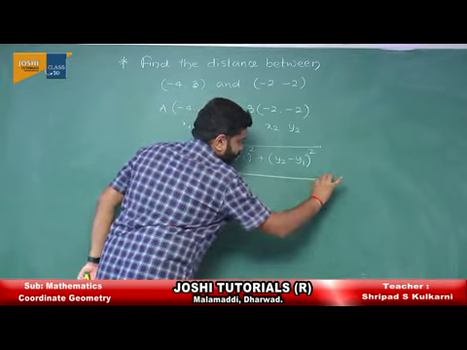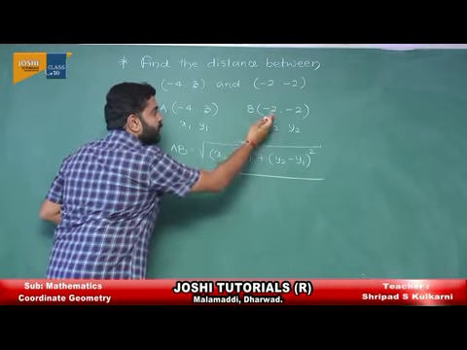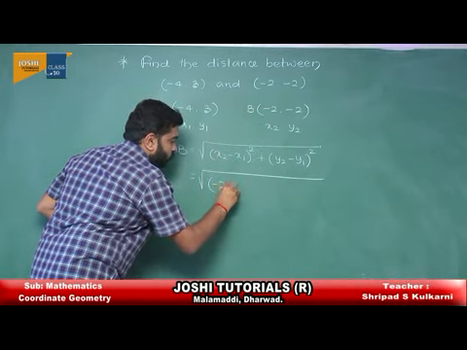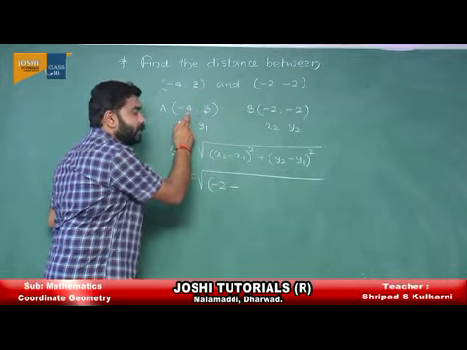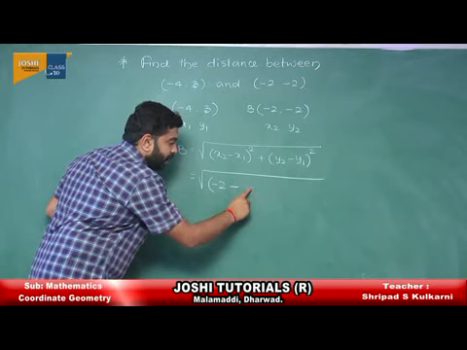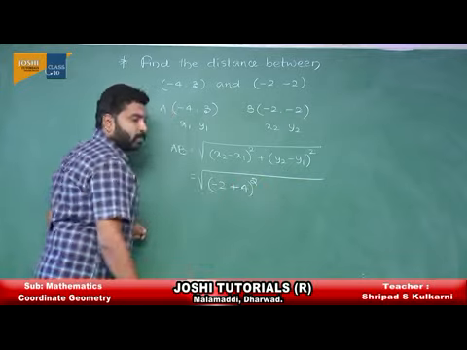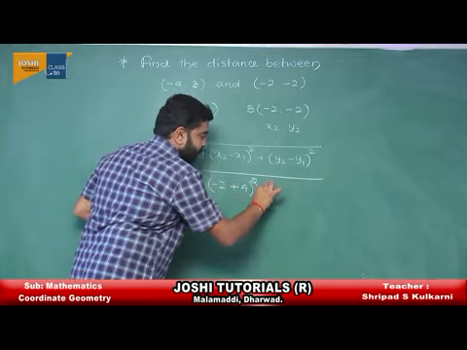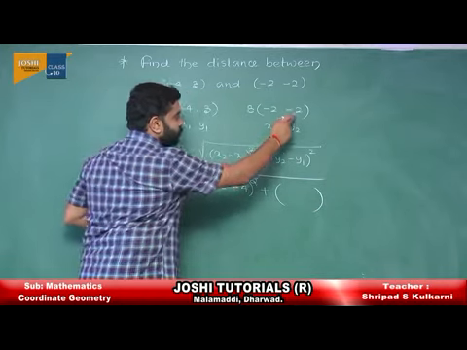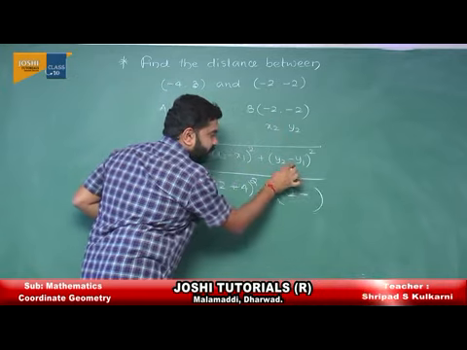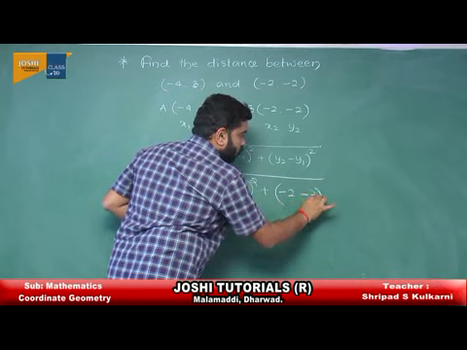Square root of, just observe, because of the negative signs, be careful while solving. x2 minus x1, I'll write minus 2 minus, from the formula, the value of x1 is minus 4, so here I need to write minus 4. Minus into minus becomes plus. Plus 4 whole square. Plus the difference of y: minus 2 minus y1, which is 3, whole square.